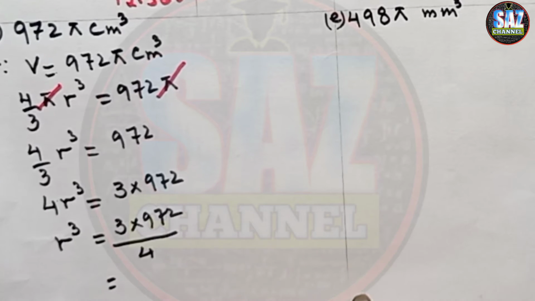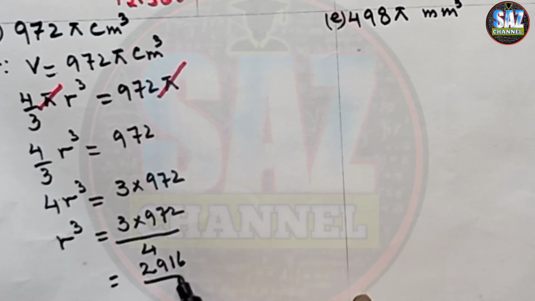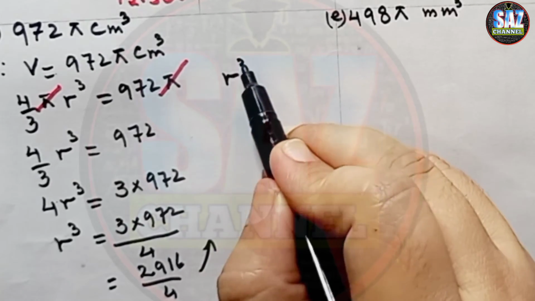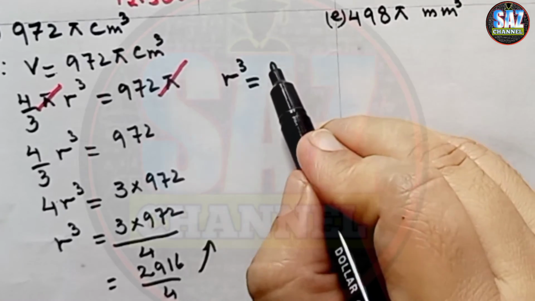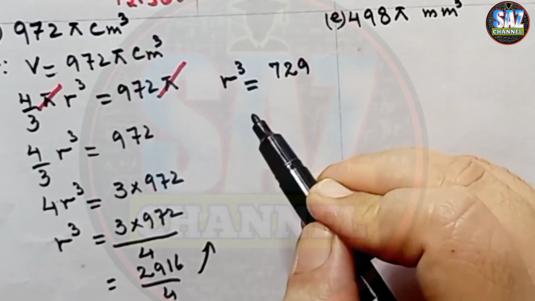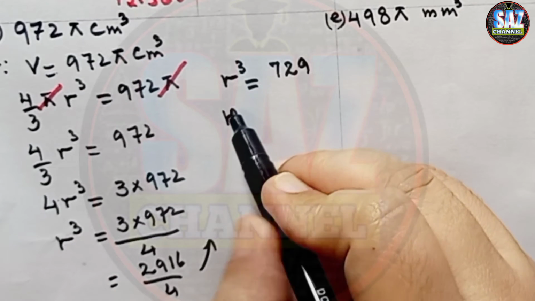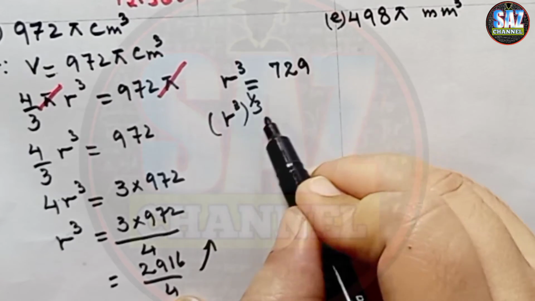Now get the answer of 3 times 972, and this gives me 2916 upon 4. Let me move to this side and go to the top of the page. r cube equals 2916 divided by 4, and this gives me 729. Okay, 729. And now we have to take the cube root on both sides and think about the number whose cube is 729.